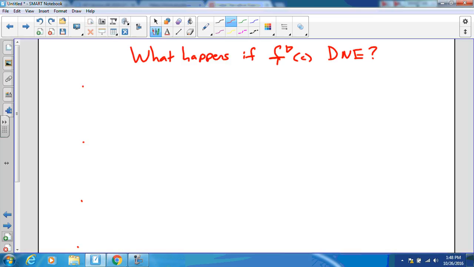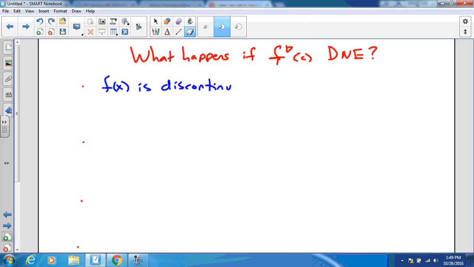What happens if f prime of c does not exist? The first way in which f prime of c can fail to exist is if f is discontinuous at x equals c.